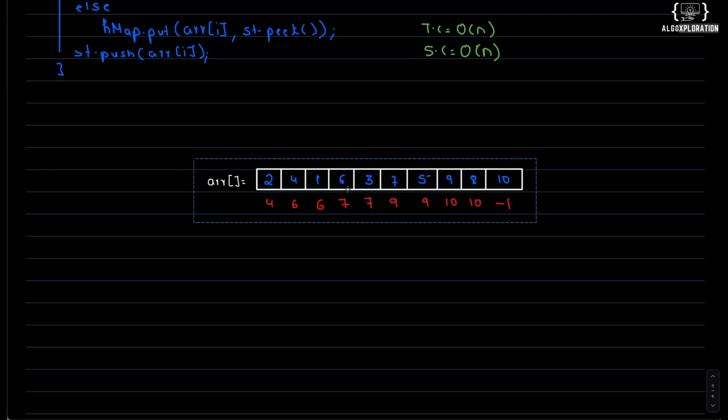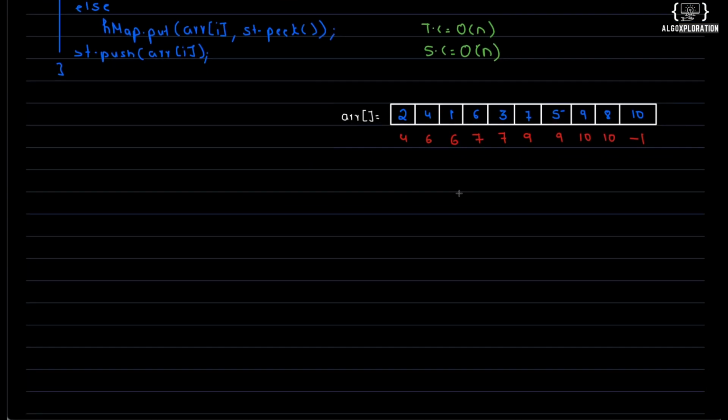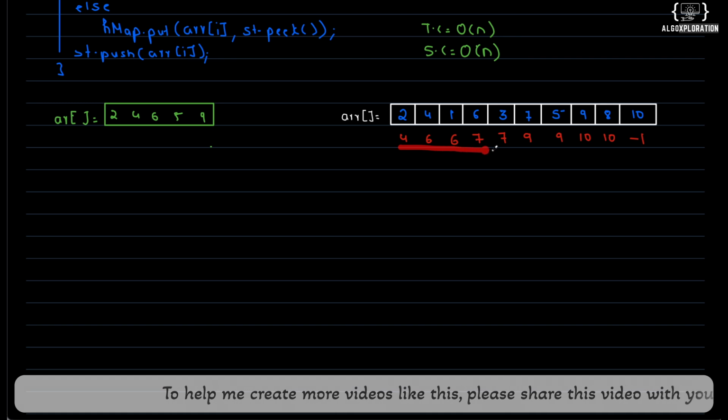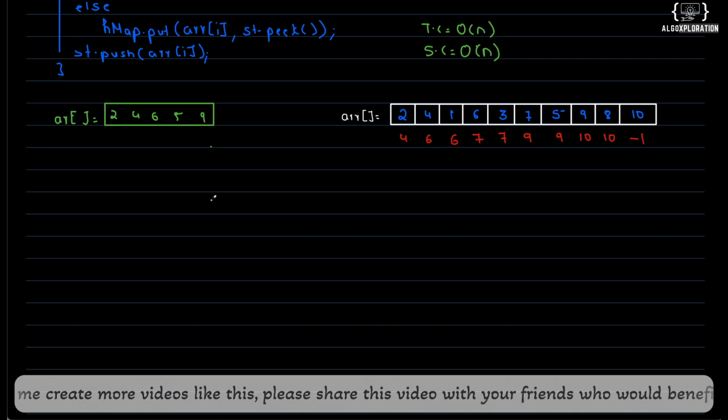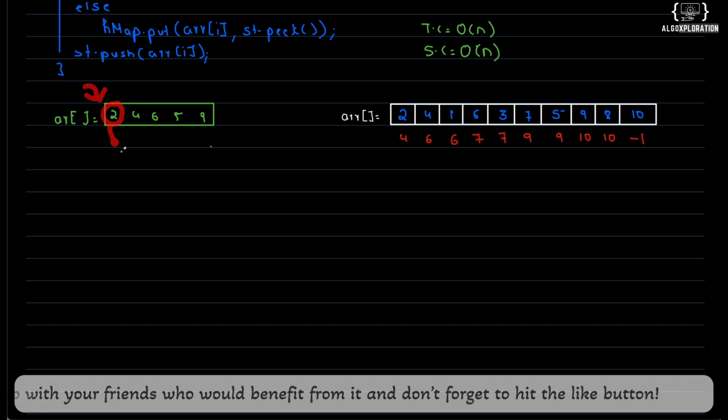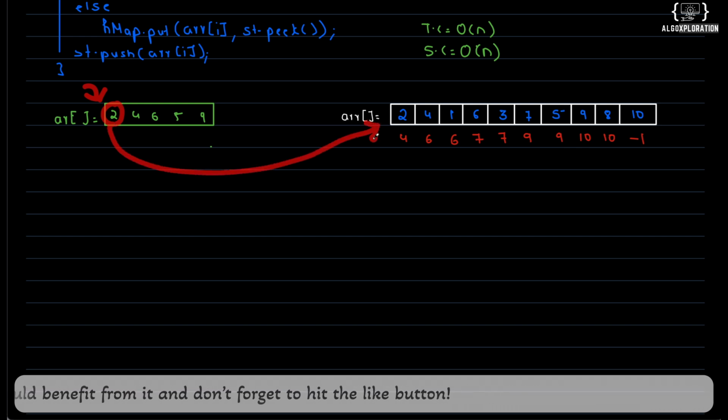So this was the original question, and they are also giving one more array. Let's call it AR. Now this array is nothing but a subset of the array on the right hand side: 2, 4, 6, 5, 9. After finding the next greater element for each number, you need to come over here, and for 2 you need to search what is the next greater element for 2.